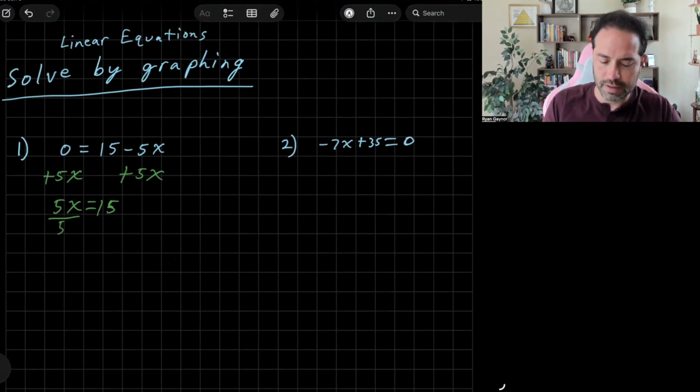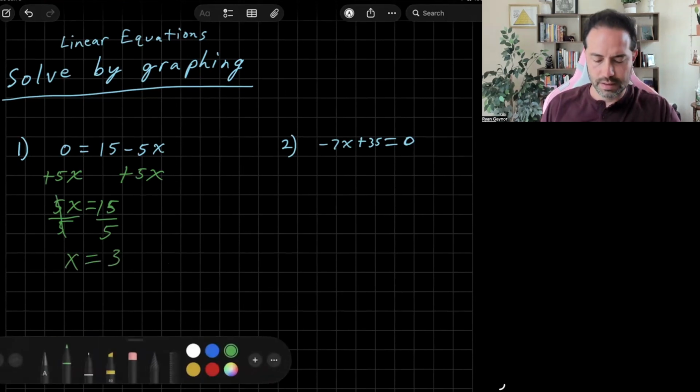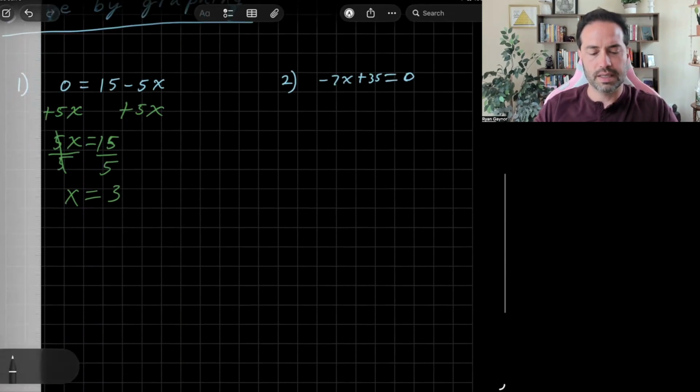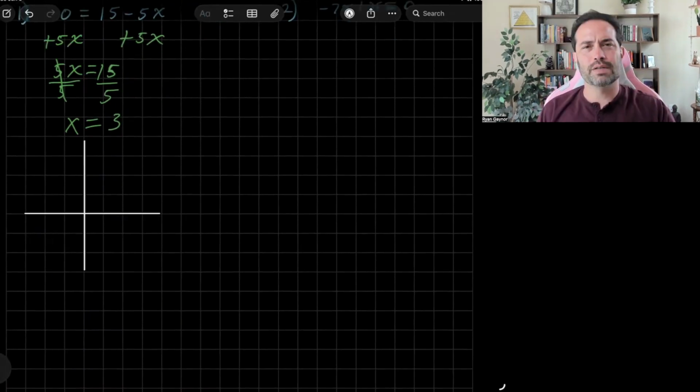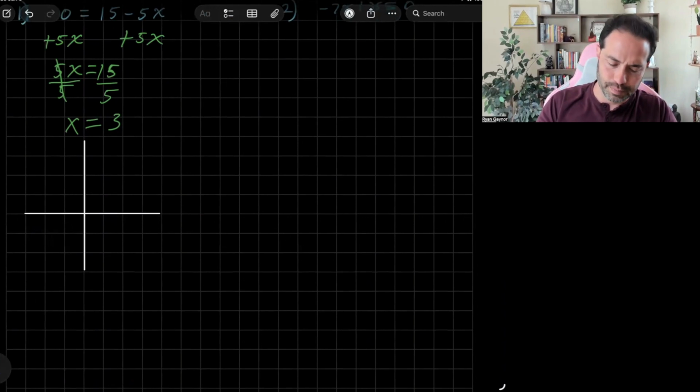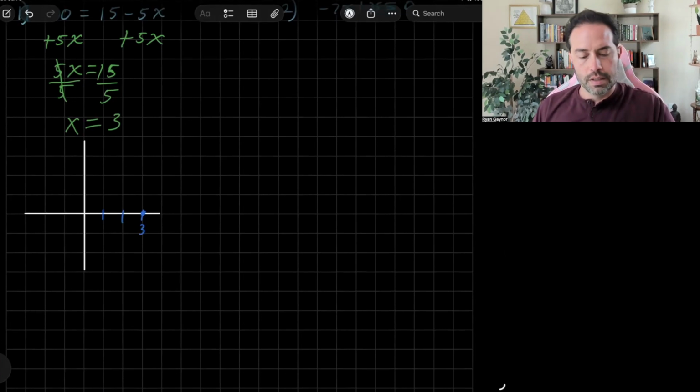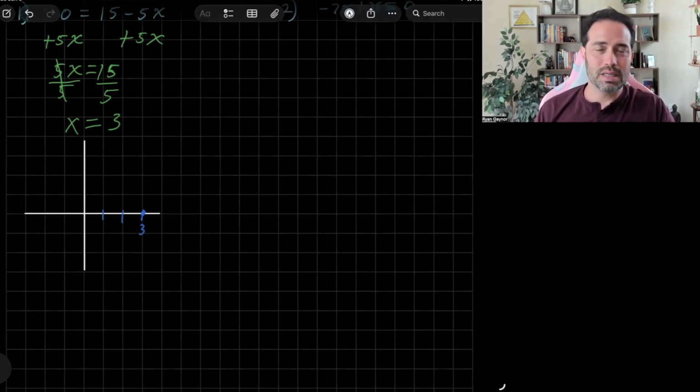So I divide by 5, divide by 5, x equals 3. So then I take my little graph here. Okay, so we're going to mark on the graph that x equals 3. 1, 2, 3. But now I have to actually do another point in order to see which way the graph is going, right? Is it positive? Is it negative slope?